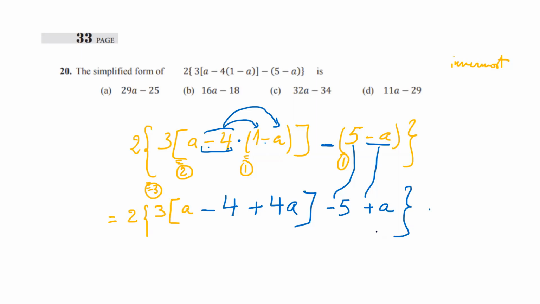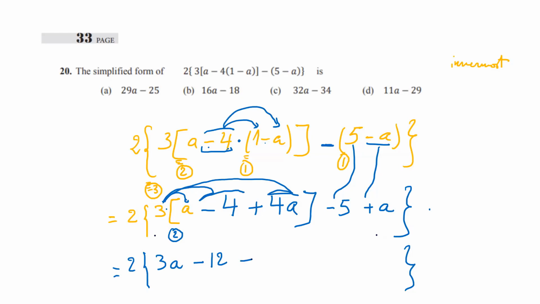So we are done with parentheses. Then we remove this type. For this type we have multiplication outside and subtraction and addition inside. So here we distribute. We keep this outside. 3 times a, 3a. 3 times negative 4, negative 12. 3 times 4a gives me 12a. Minus 5 plus a.